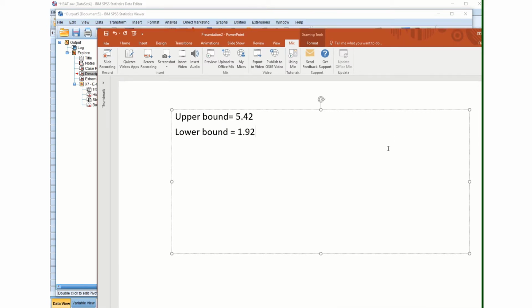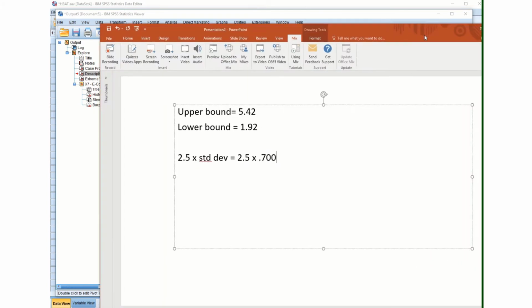So again, it's 2.5 times the standard deviation. And in this case, we had 2.5 times 0.7005, right?